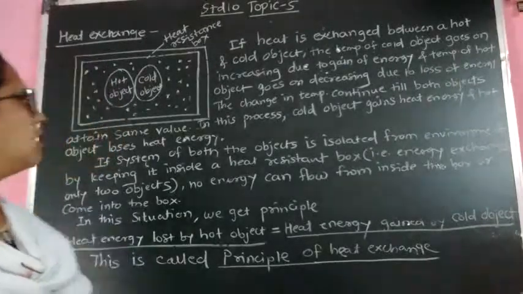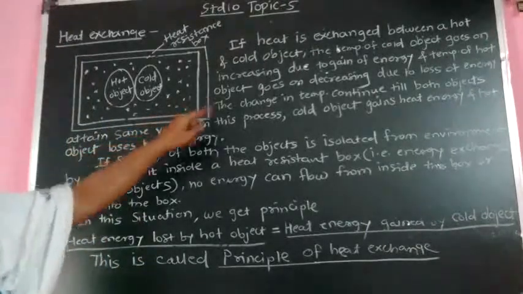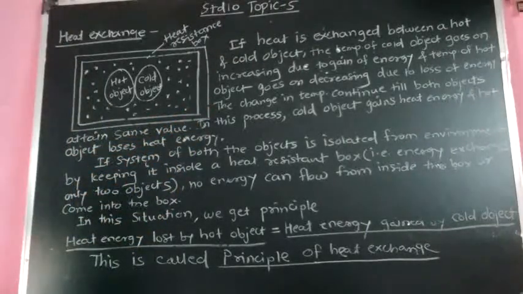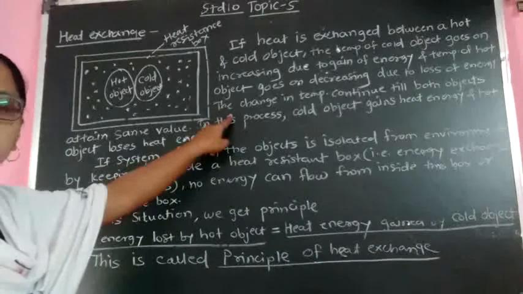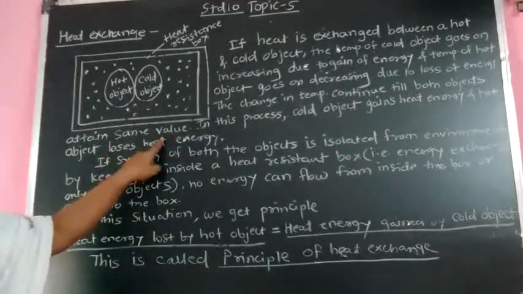So you can see here, if heat is exchanged between a hot and a cold object, the temperature of the cold object goes on increasing due to gain of energy and the temperature of the hot object goes on decreasing due to loss of energy. The change in temperature continues till both objects attain the same value.